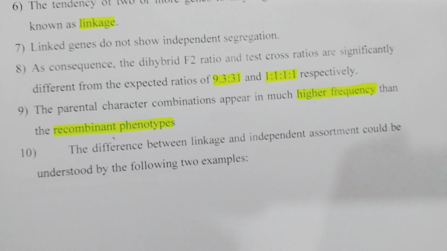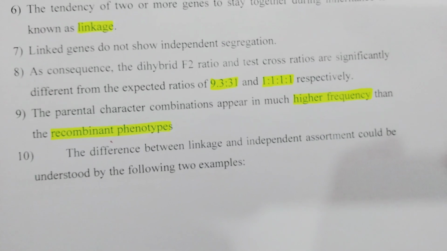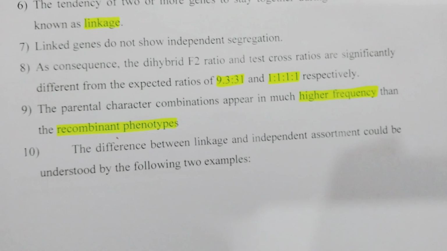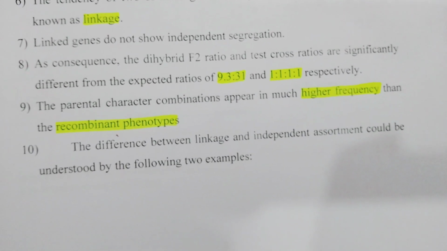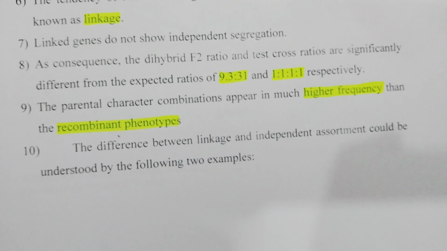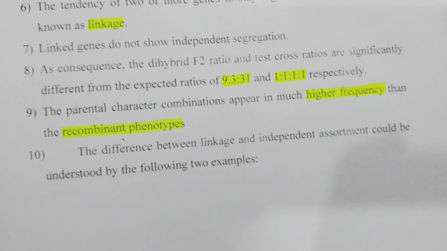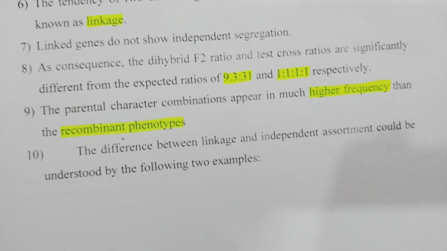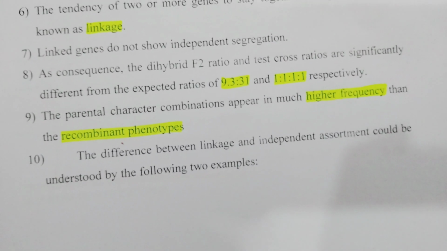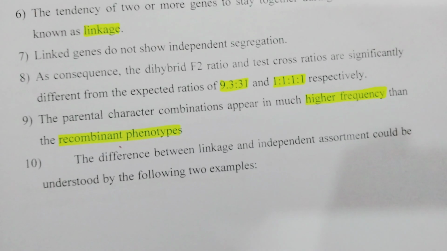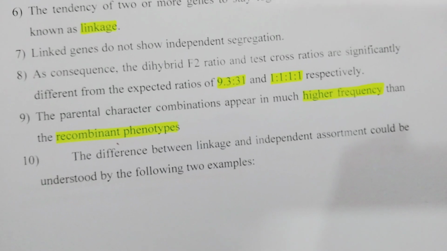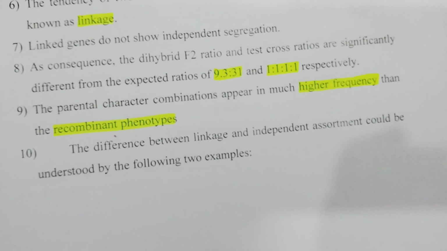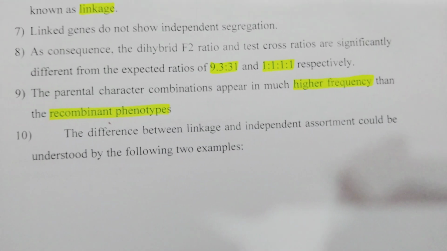When the genes are under linkage, they do not tend to separate. We are not getting the 9:3:3:1 ratio. Instead, we are getting more parental combinations and fewer recombinant combinations. We are also not getting the 1:1:1:1 test cross ratio. Instead, we are getting a 7:1:1:7 ratio. I will explain that later, don't worry.